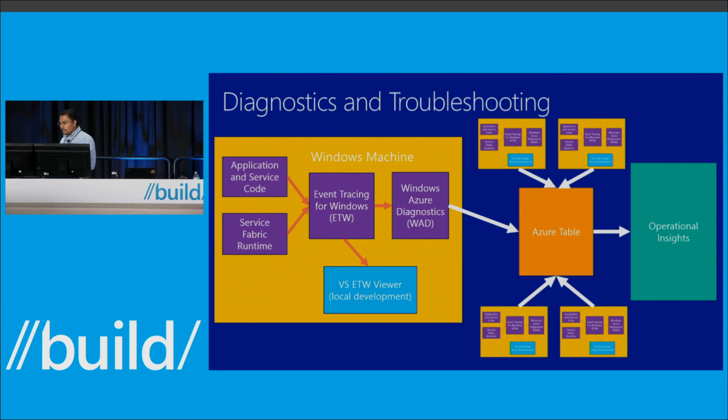So we allow you to use Windows Azure Diagnostics, and that in turn pumps it into an Azure table and then the ops insight. That's exactly what you just saw. Examples of system events, of course, include the actor creation, save, load calls, and so forth.